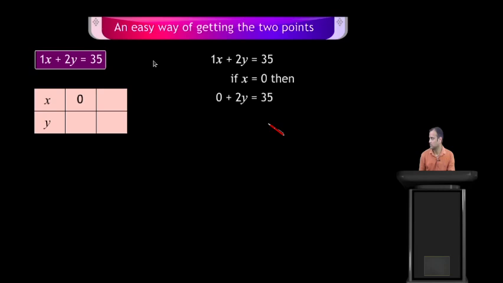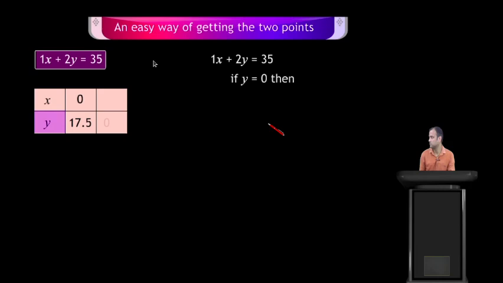So if x equals 0, then we have y equals 17.5. So this is an easy way, because we know that we need only 2 points to get a unique line. Okay, so here we can find only 2 points by first placing x equals 0 in the equation and then placing y equals 0.